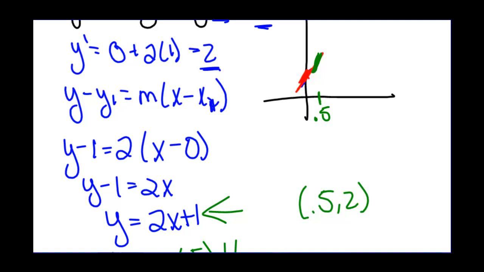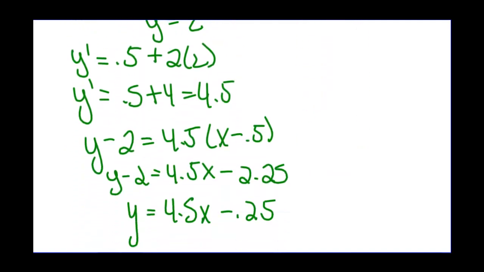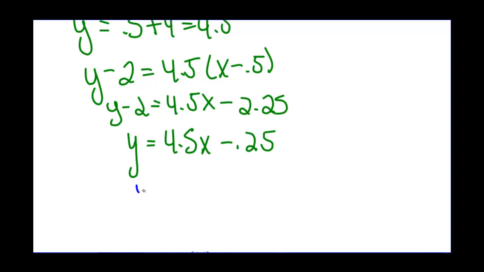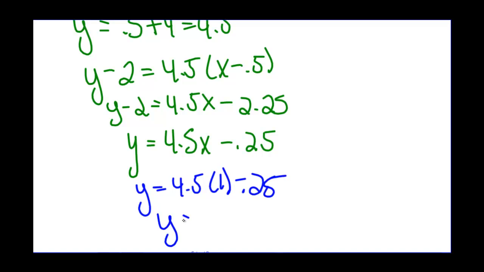So what I'm doing is connecting a whole bunch of linear approximations. If we go over 0.5 more to x equals 1, we can find our new line segment that's approximating our curve. If x equals 1, then y equals 4.5 times 1 minus 0.25, so y equals 4.25.